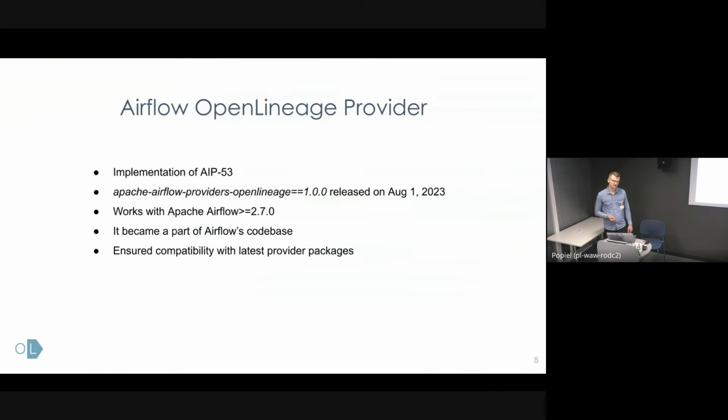We needed to catch up with changes in BigQuery, Snowflake, and other providers as well, and patch the whole code just to make sure that it works. So now we are part of Airflow's code base. Whenever the tests in CI break after we add something new with OpenLineage, it breaks because we need to make something up to date.